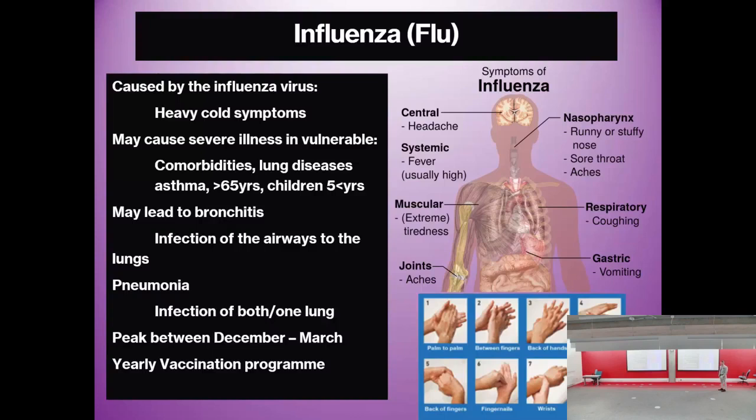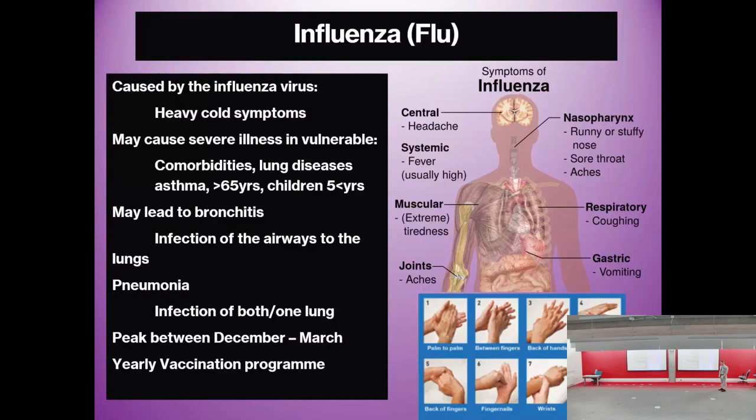Much, much more vulnerable to flu. And again, it was the same with COVID. People who had these things were higher risk than people that didn't have these comorbidities. People over the age of 65 and young children under the age of 5 are high risk as well, and often are offered flu shots.